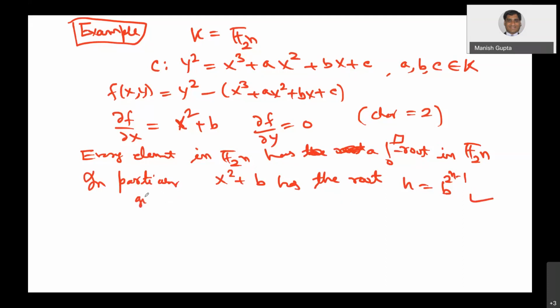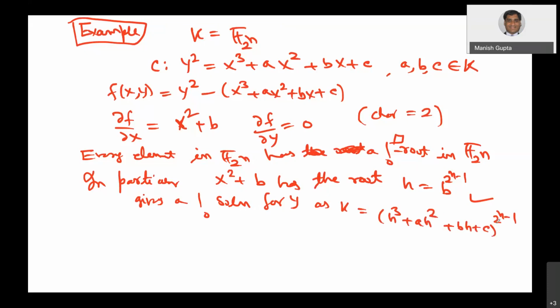So it gives a unique solution for y, as k is equal to h cube plus ah square plus bh plus c raised to power 2 raised to power n minus 1. Okay.